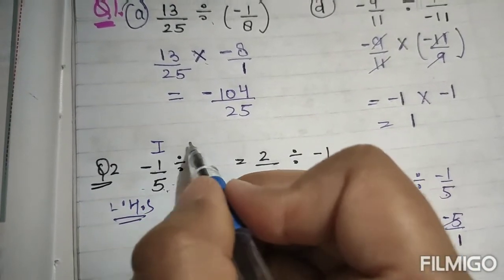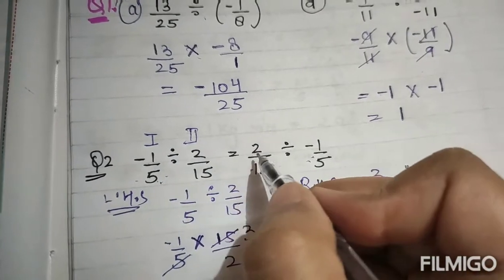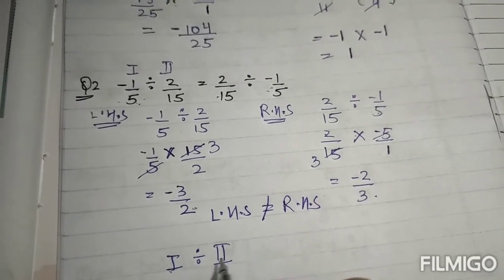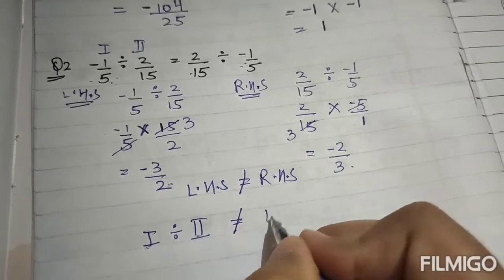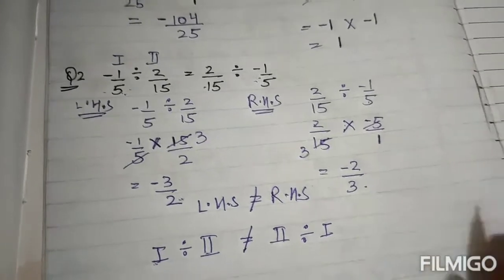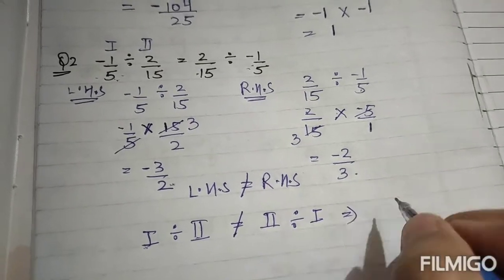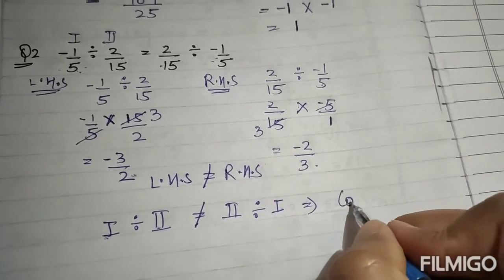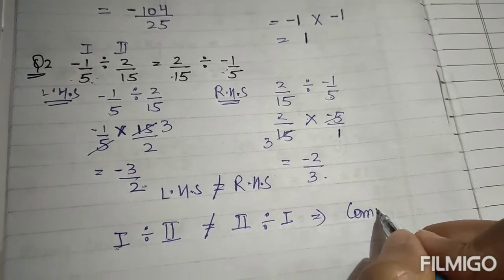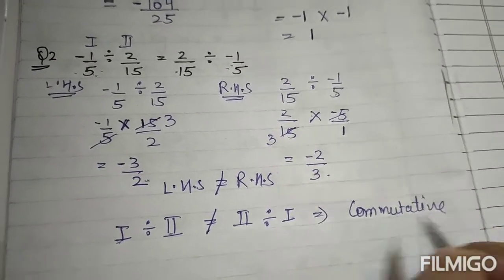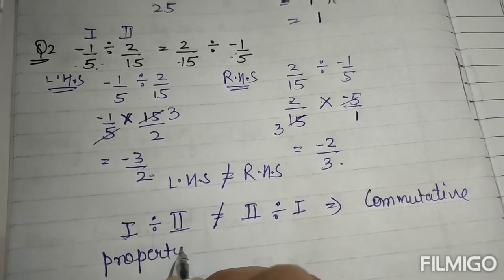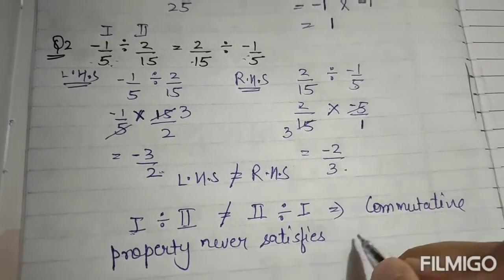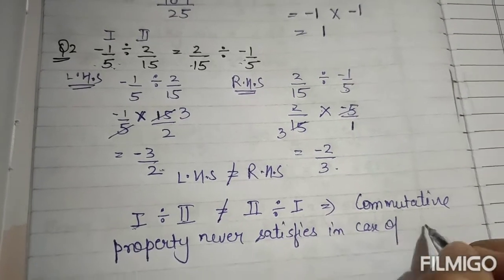So if I say first divided by second will never be equal to second divided by first, where first and second are the two rational numbers, then what you have got implies that the commutative property never satisfies in the case of division.